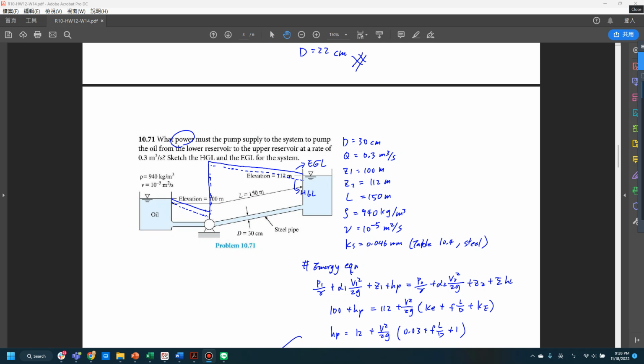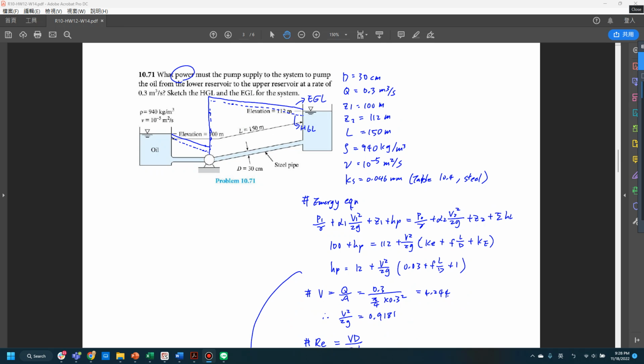In this problem 10.71, it's fairly straightforward because we want to solve the power that this pump needs to supply to this pipeline to pump the oil from the lower reservoir to the upper reservoir at a rate of 0.3 cubic meter per second. And we also need to plot the HGL and the EGL line for this system.